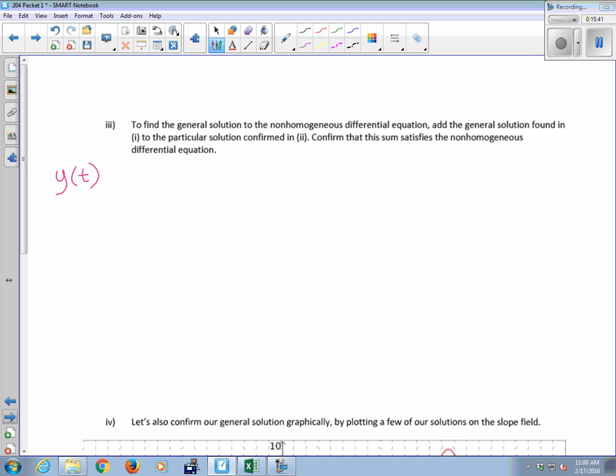Okay, so y of t, which sometimes we put a little g to mean general. You don't have to, but the general solution is typically your homogeneous solution plus your particular solution, right? So in our case, the general solution is going to be c e to the sine t.